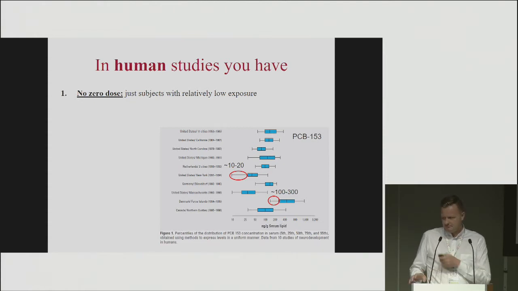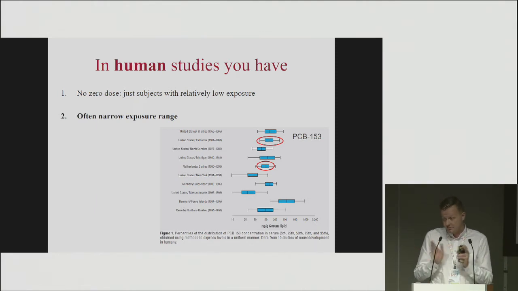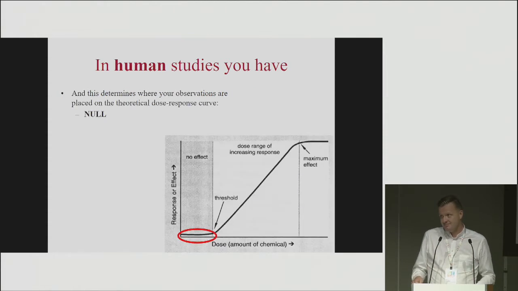What you also see is that in some studies the exposure range is very narrow. For example, in this study from the Netherlands, where everybody is drinking the same milk and sandwich and everything is quite narrow. That more or less determines a lot of things when you look at these from a human perspective. If you have a theoretical dose-response curve for something related to PCB 153, with very low exposure and a very narrow exposure range, you will get a zero.